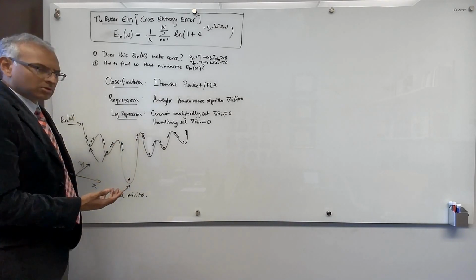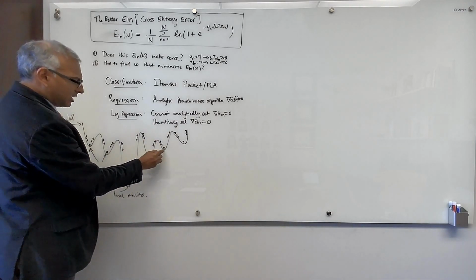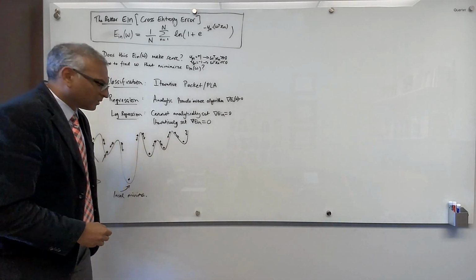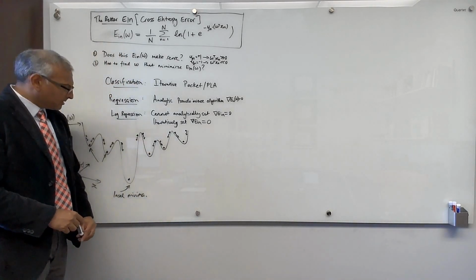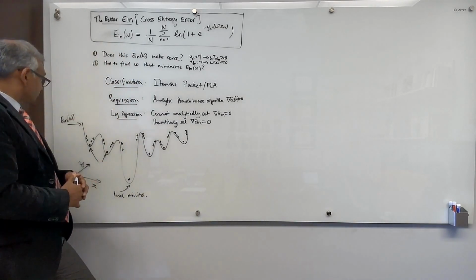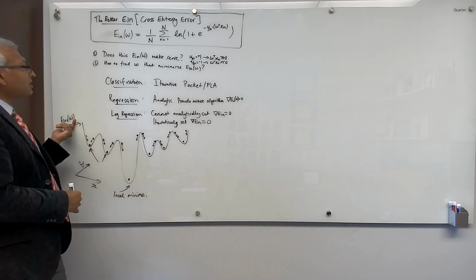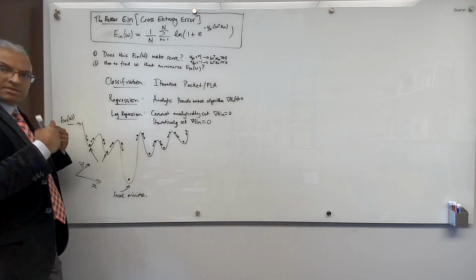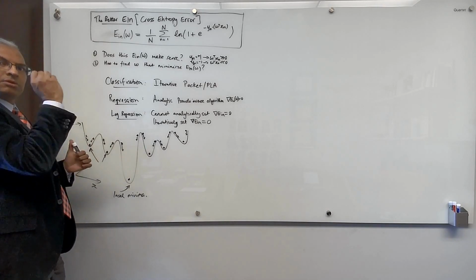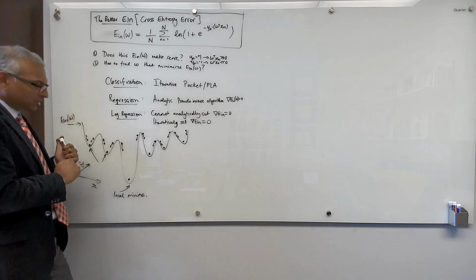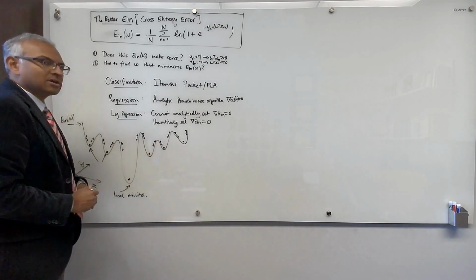But essentially what goes on is if we threw the ball, it could end up at any one of these local minima, at the bottom of any one of these valleys. So our idea is to use the surface that is defined by the in-sample error and play this game of throwing a ball on this surface and see where it rolls to. When it stops rolling, you've come to the bottom of some valley.